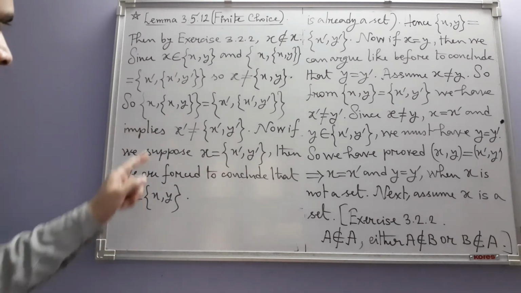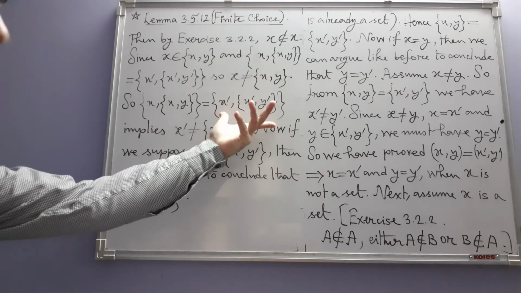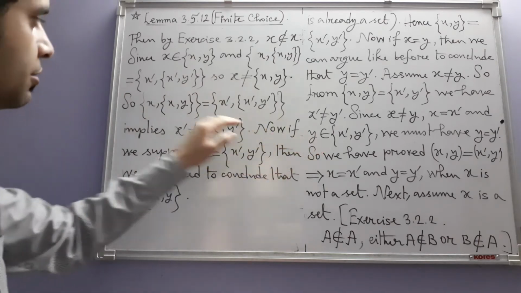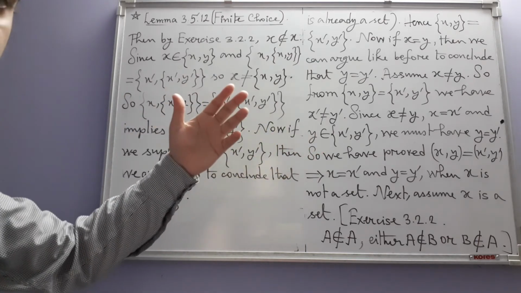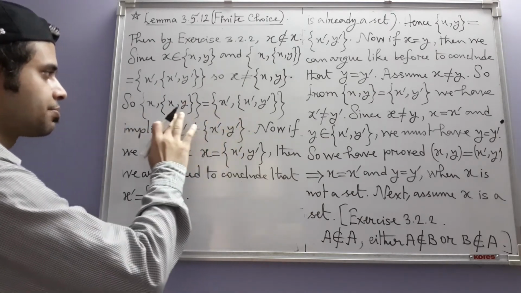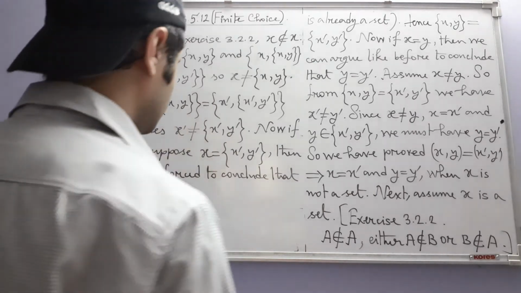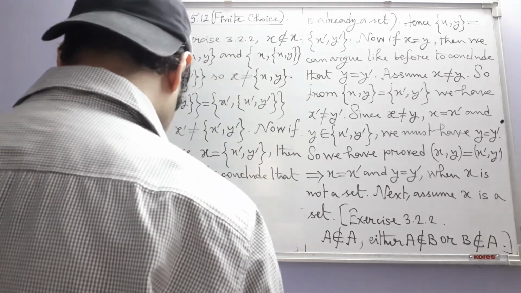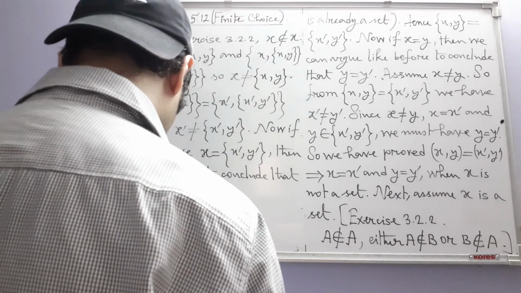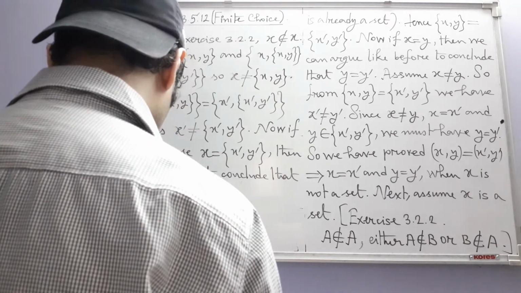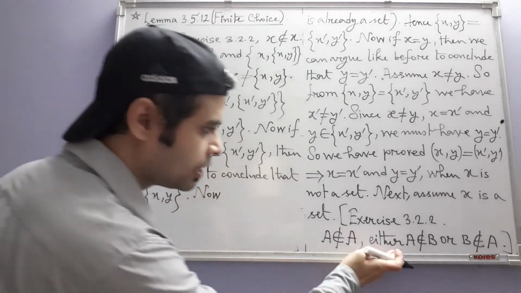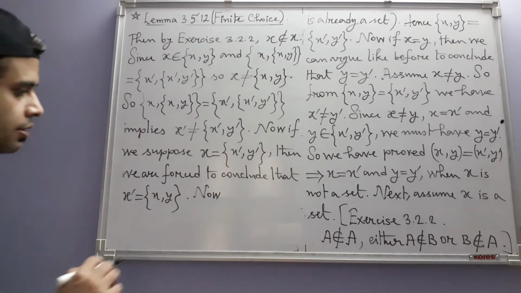Why is that so? It's because these two sets are equal. So if x is equal to this element, removing that element from both the sets results in again two equal sets, and from that equality you conclude that x' is equal to this set. Okay, now what goes wrong if we have this? Now we use the second part of this exercise.